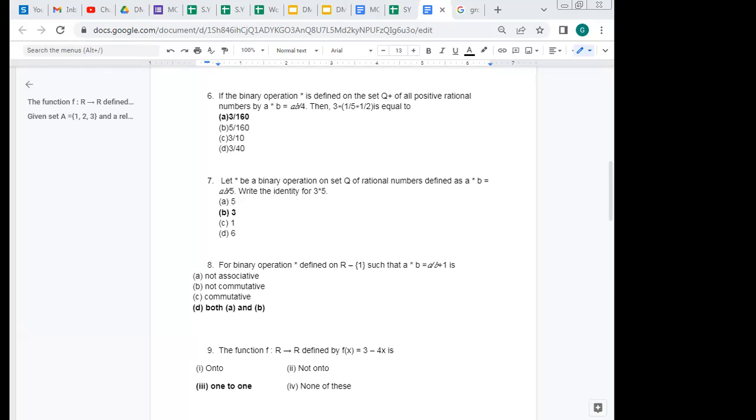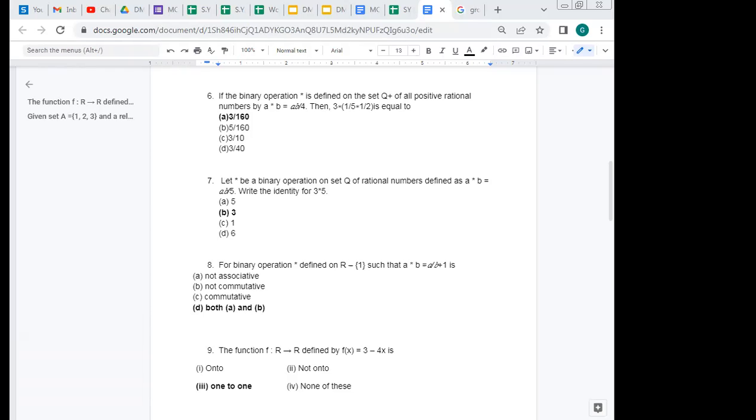AB by 4: 3 into 1 by 40 divided by 4. So it comes to 3 by 160. It is the answer for this question.